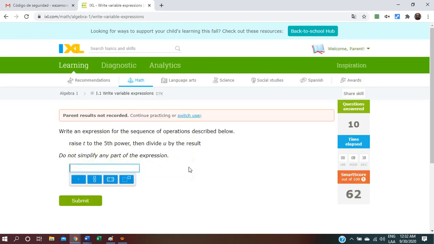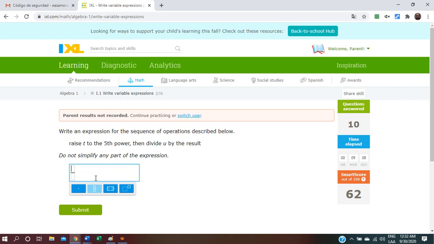Write an expression for the operation. Raise t to the 5th power, so t and then an exponent of 5, then divide u by the result. Let's do something different. Because it says divide, in this case we can use slash to do the division, but we can also hit this button.